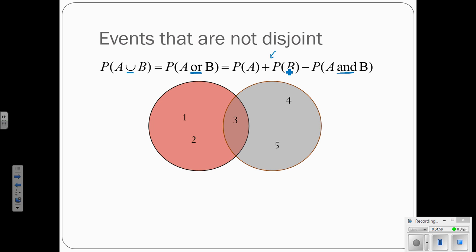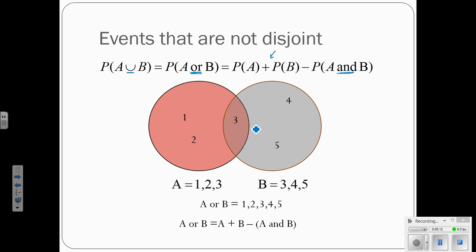Another way to think about it: A is some group that consists of 1, 2, and 3. B is a group that consists of 3, 4, and 5. Well, if we combine those two groups together, A or B, it's 1, 2, 3, 4, and 5. However, if you don't think carefully and you just added group A plus group B, you can see 3 is in both groups.